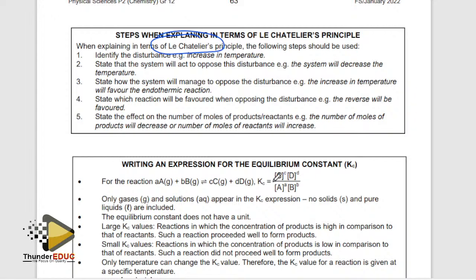That's all. What are some of the factors which affect chemical equilibrium? We have concentration, temperature, and pressure. Those are the 3 factors. If they ask you the factor which affects the Kc value, here it is only temperature.